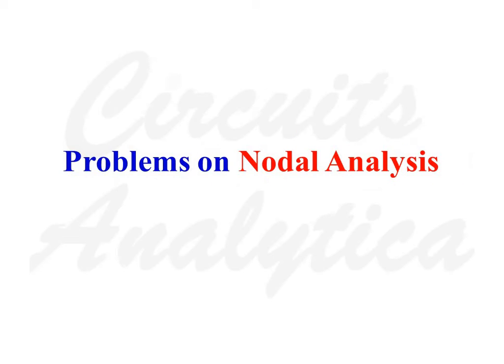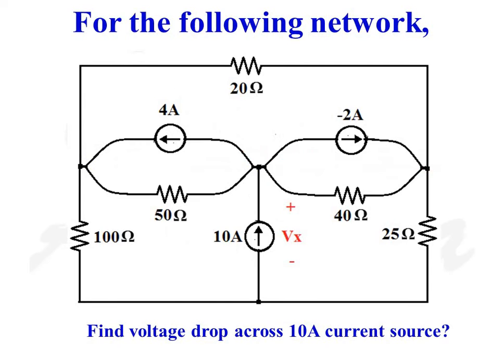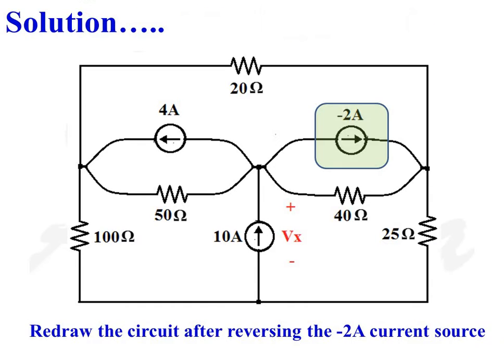In this tutorial, we will do nodal analysis of a network to find the voltage drop across the 10 ampere current source. So here the network consists of a current source whose value is denoted as -2 ampere.